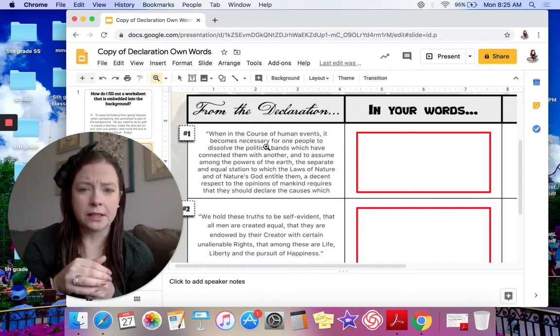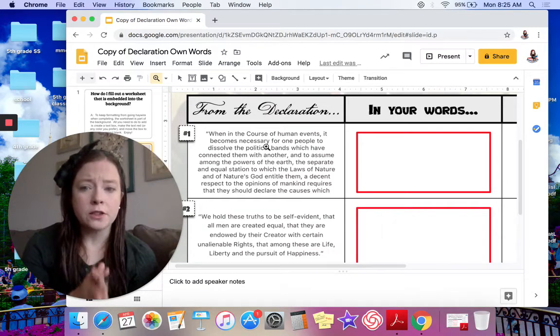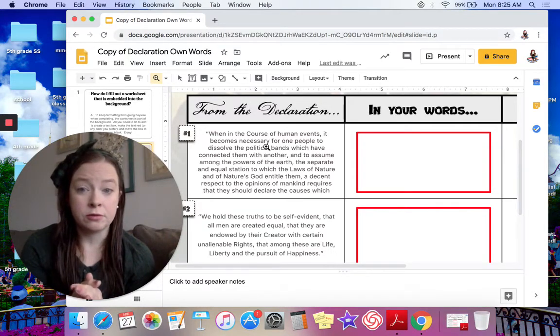What do you think that means? Even the very beginning part, what do the colonists have the right to do?